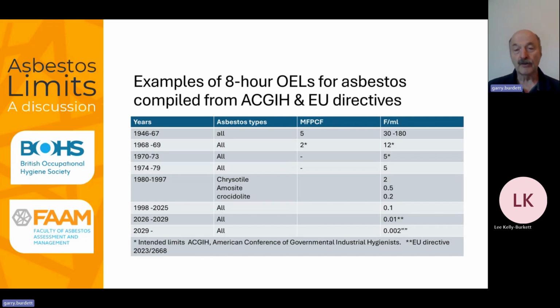Even in my own memory, I can remember the 2 fibre per ml limit quite easily, if not the 5 fibre per ml limit. So we're looking at a 1,000 times reduction in the OEL over about 50 years. That's to put it in context.